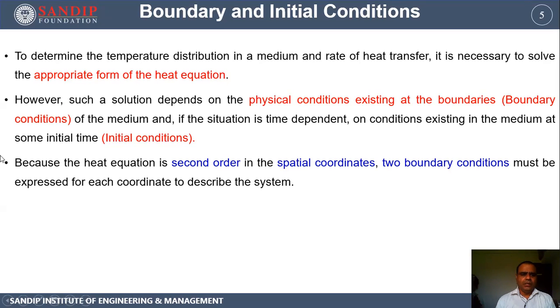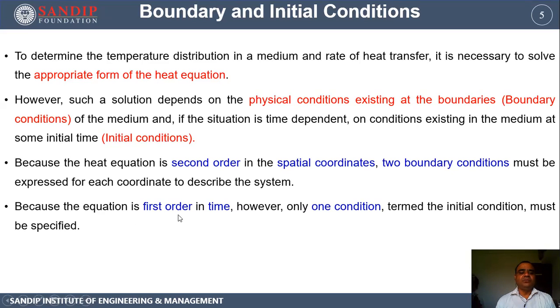Because heat conduction equations are second order in spatial coordinates, two boundary conditions must be expressed for each coordinate to describe the system, and the equation is first order with respect to time. You can recall del T upon del t, that is a first order equation, and that's why only one initial condition is sufficient for solving the problem.